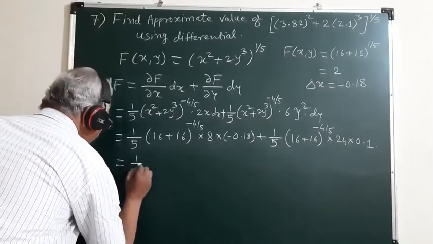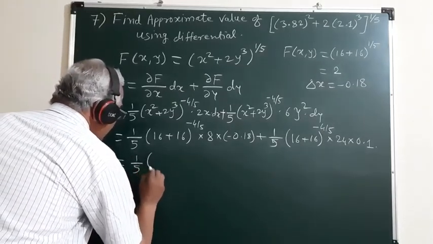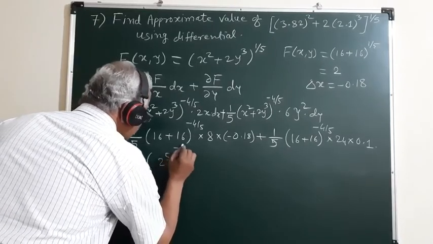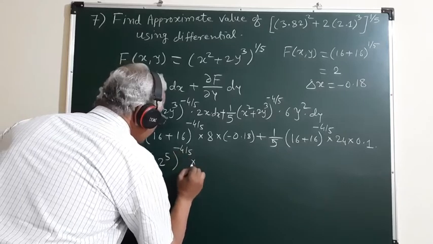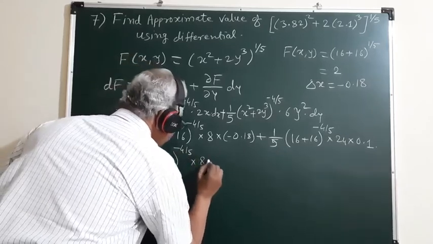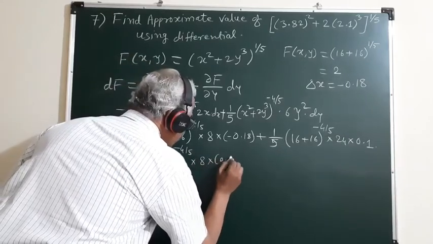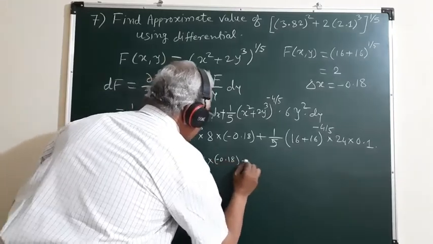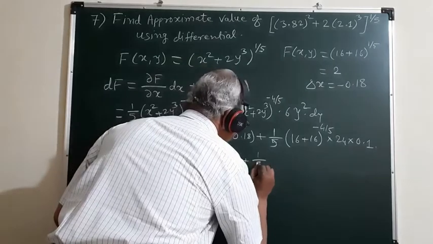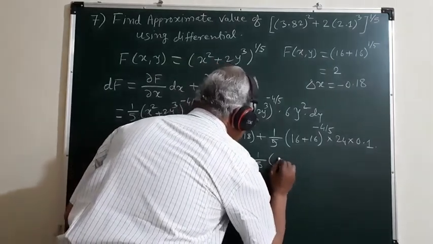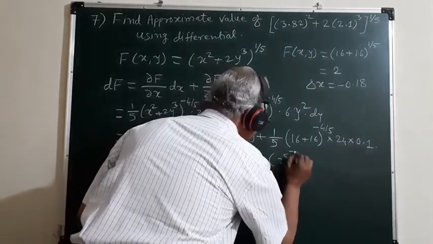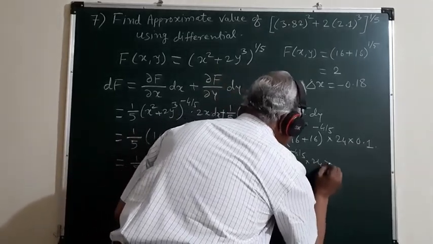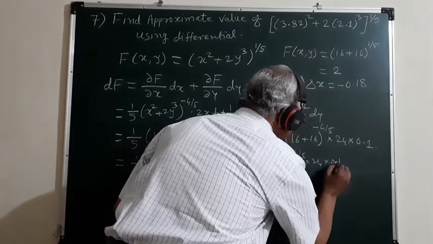So this is 1 by 5 into bracket 2 raised to 5 raised to minus 4 by 5 into 8 into minus 0.18 plus 1 by 5 into 2 raised to 5 bracket raised to minus 4 by 5 into 24 into 0.1.